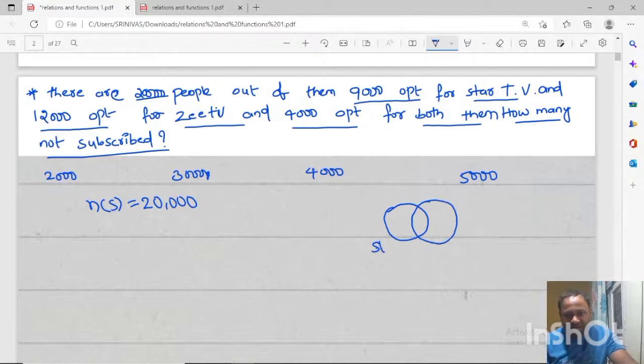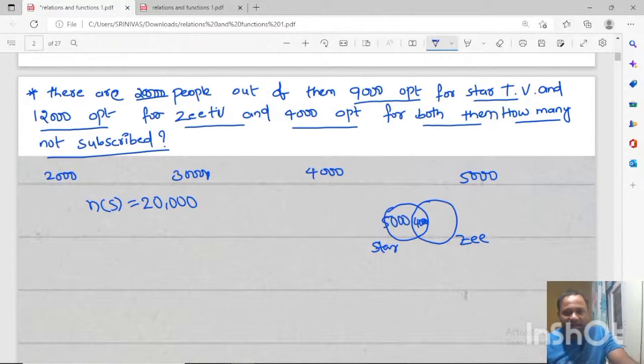Star TV is there as well as GTV is there. Okay, so total how many opted for both? 4,000. Next, Star TV means how many opted? Opted for Star TV 9,000. 9,000 means already 4,000 came. How many will be there? 5,000.